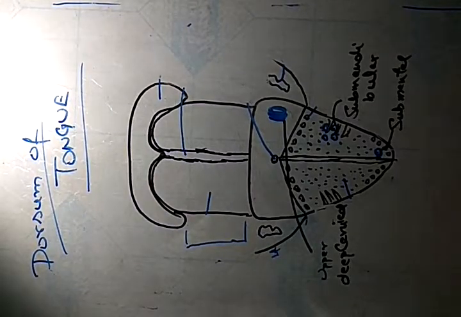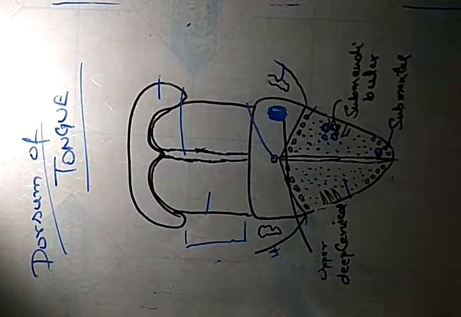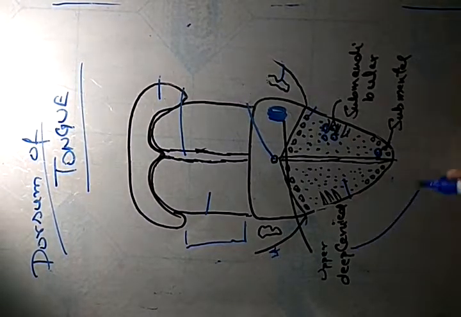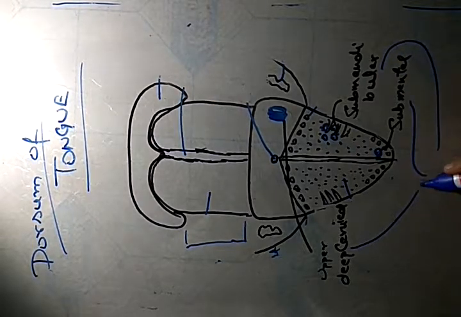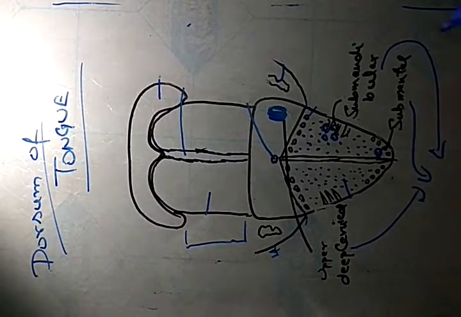Now we have all three of these, so we know that these three would finally drain in one place, that is our jugulo-omohyoid.